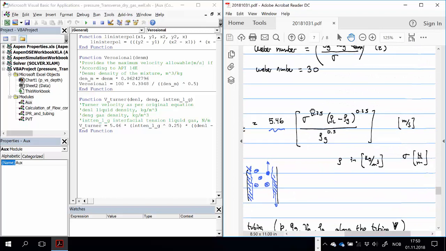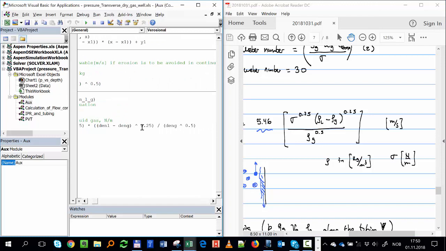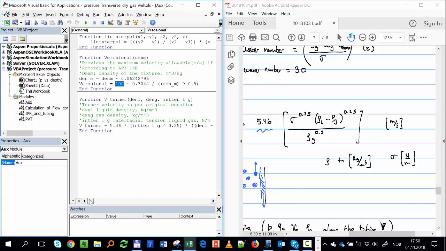Okay, 546, interfacial tension to the 0.25, density of liquid, density of gas, and this should give you meters per second. So it's exactly that equation. We need both densities and the interfacial tension.